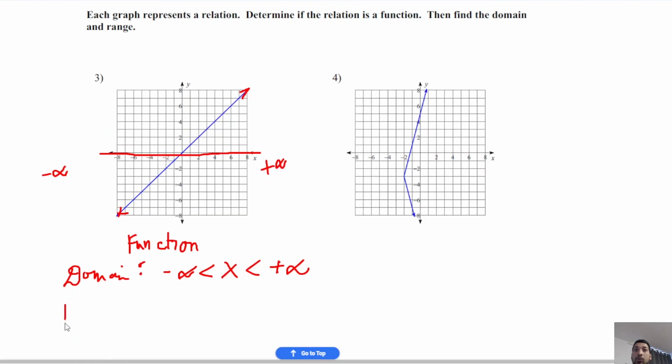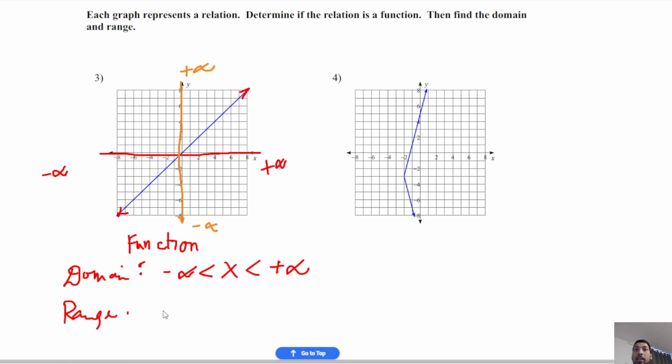Now for the range, we do the same thing. If you look at this y-axis, the lowest value on the y-axis is -infinity because the graph is going all the way down, and here, since the graph is going all the way upwards, the highest value would be +infinity.